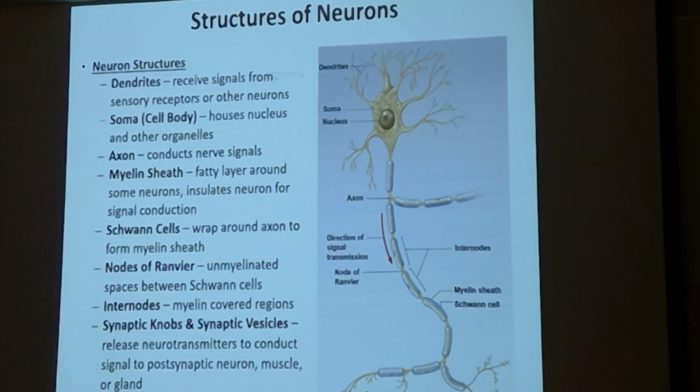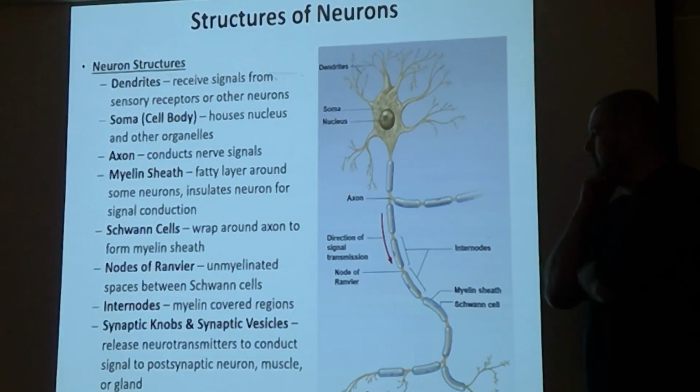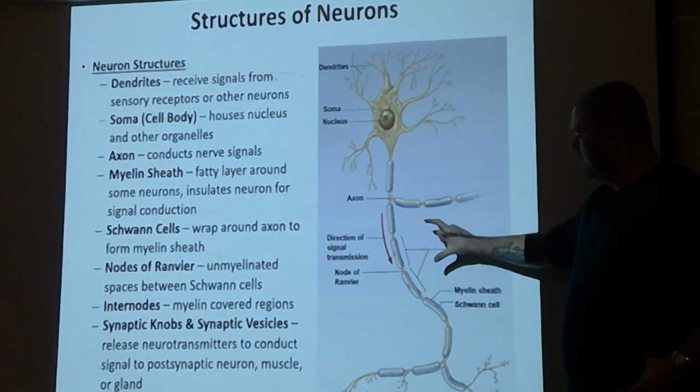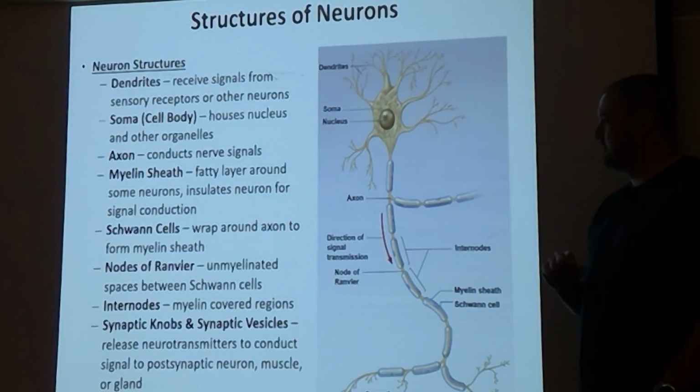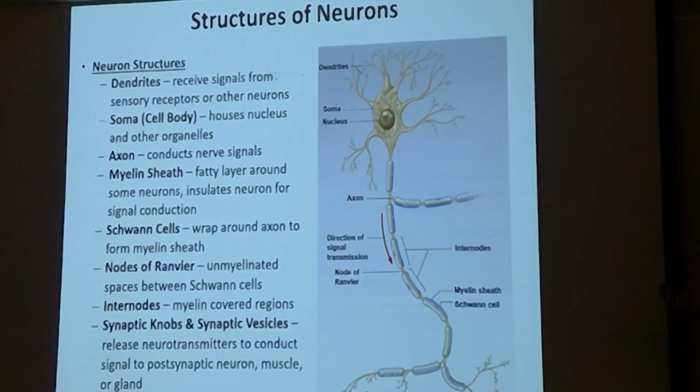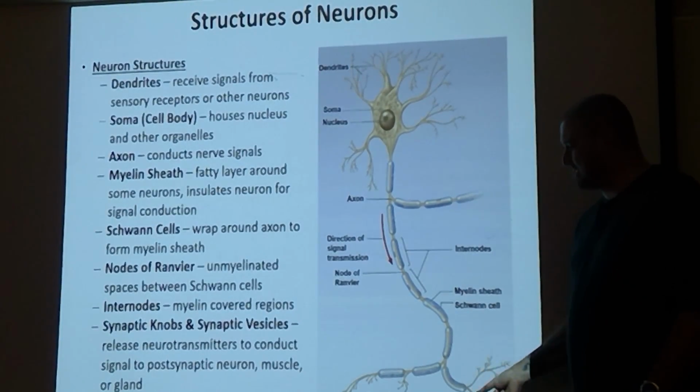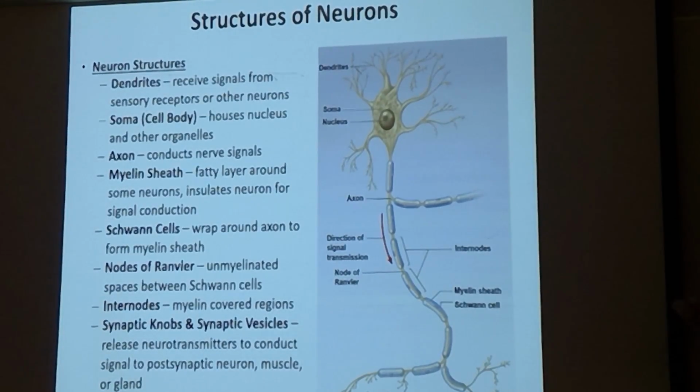The internodes are the myelin-covered regions. Then you have synaptic knobs or synaptic vesicles, usually both, at the end, and those are used to release neurotransmitter and send that signal to the next neuron or tissue they're communicating with.